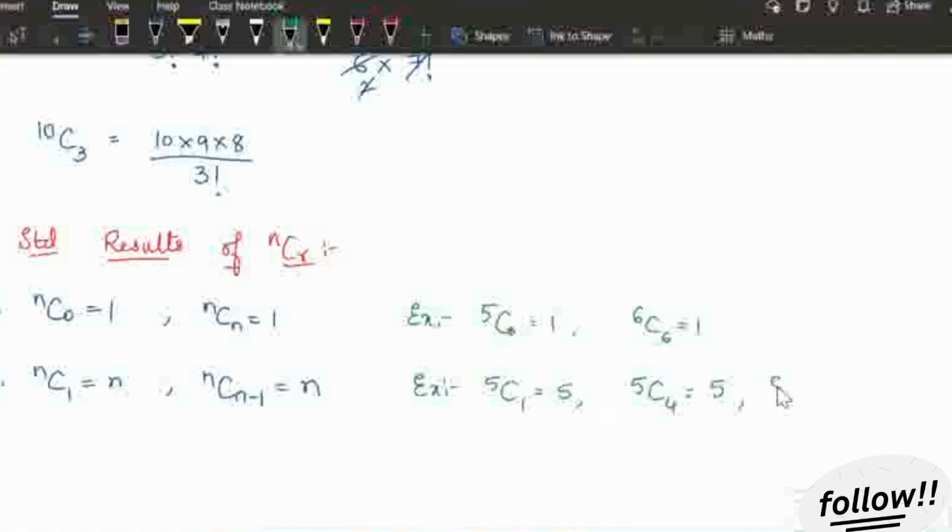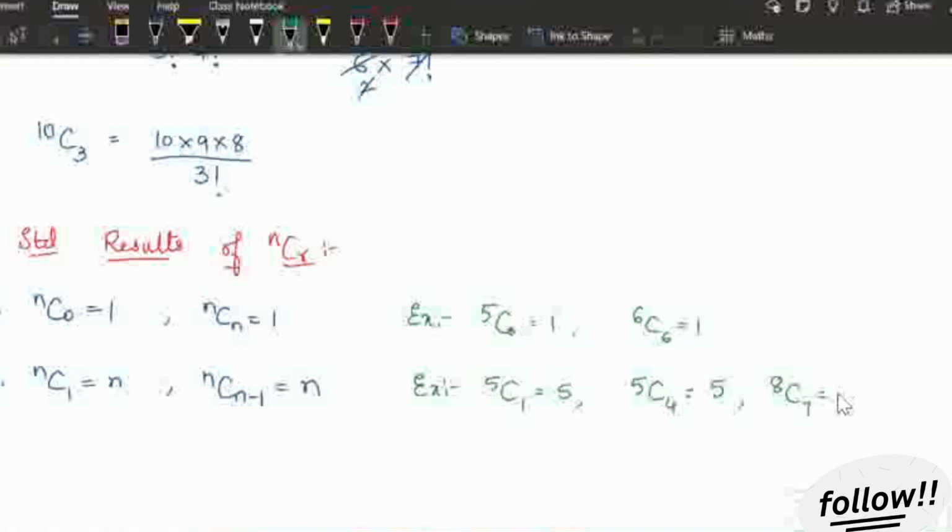So what will be the answer for 8C7? Give me your solutions in the chat so that it is more interactive. 8C7, what's the answer going to be? r is 1 less than n.